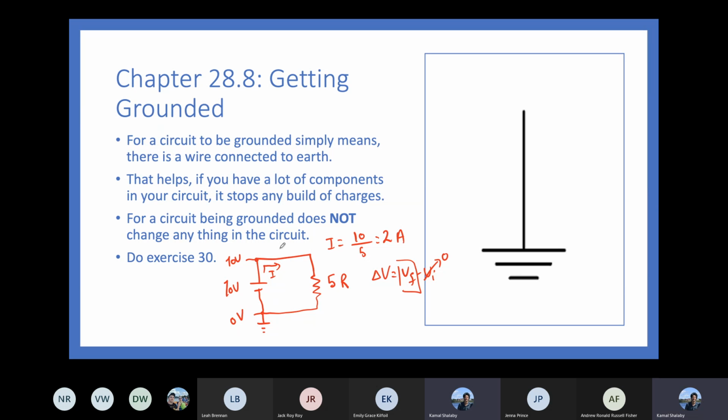The same thing if you move it to here, this also has to be 10 volts, because it's still just around the battery. There's no resistance in between to change it. That will be more clear once we do exercise 30.